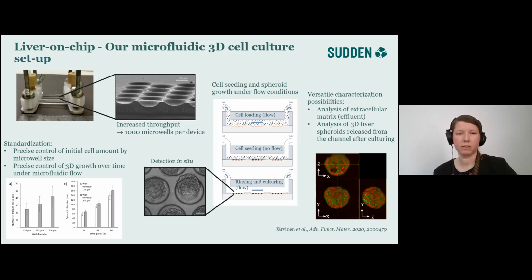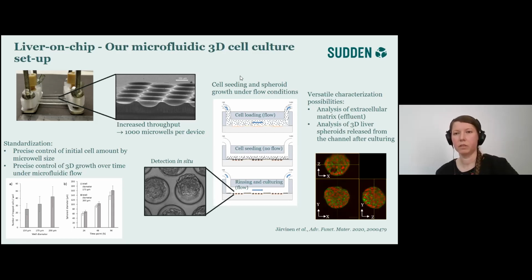So the cells that are trapped inside the wells will form spheroids, these three-dimensional structures. And we can tune the microwell size, the dimensions, and with this we can precisely control how many cells we trap in each well at the beginning of the experiment. And depending on the cell number, the 3D growth can also be controlled.